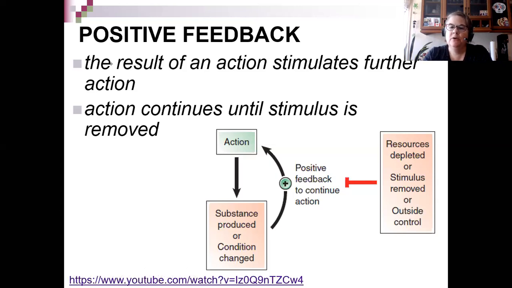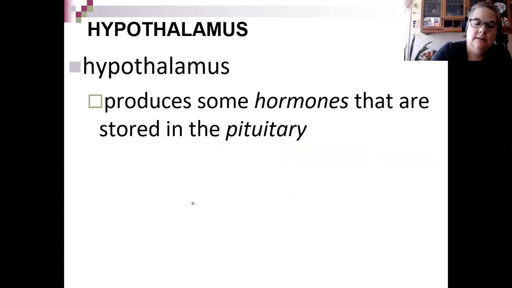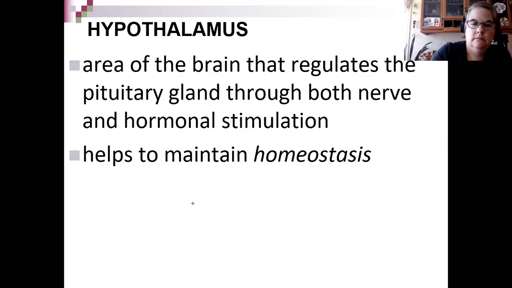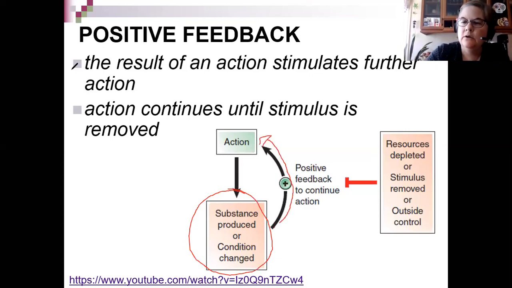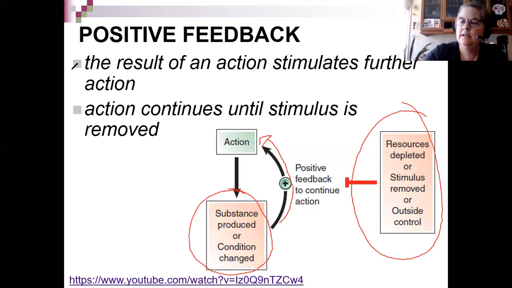So basically, we have some stimulus, something happens to change. As long as that stimulus keeps happening, we're going to keep having this go on. And it's going to keep going until it can't happen anymore or the stimulus is removed.